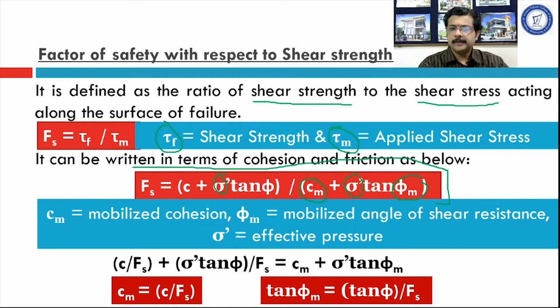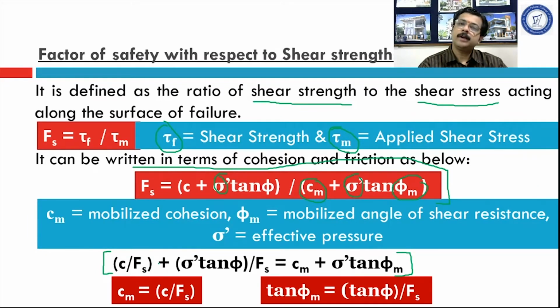Now if we rearrange the terms, how would the rearranged equation look? You can see it at the bottom. What we have done here is divide C plus sigma dash tan phi by Fs, the factor of safety, and the equation is rewritten as shown on your slide.